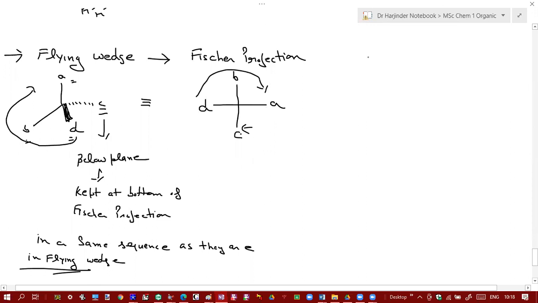For example, if you have this one, how will you convert it into Fisher?